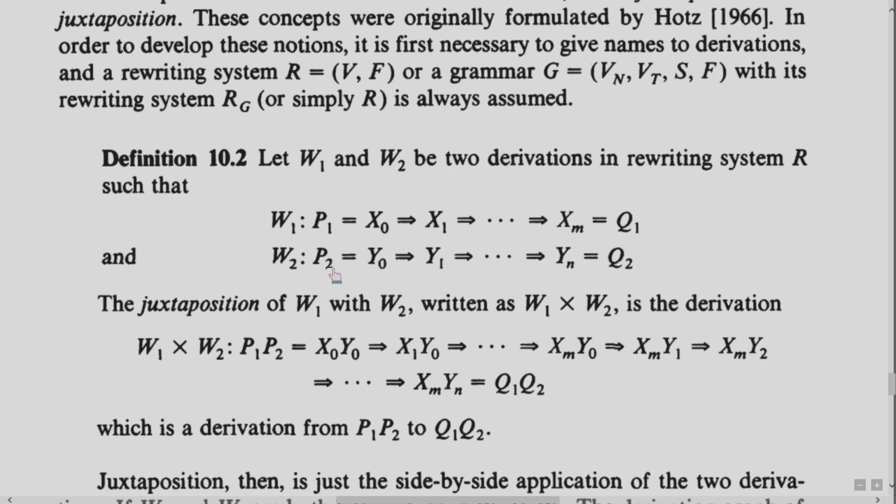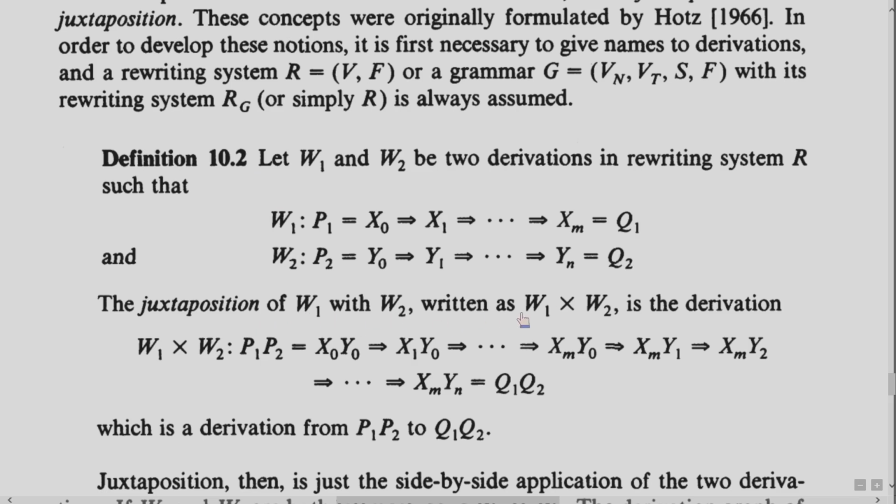Similarly, for W2, we have P2 as the starting point and Q2 as the final string, and on the way Y0 is replaced with Y1, then Y2 and so on, and in the last it is replaced with Yn, and this Yn is termed Q2. So now we have two derivations, W1 and W2.